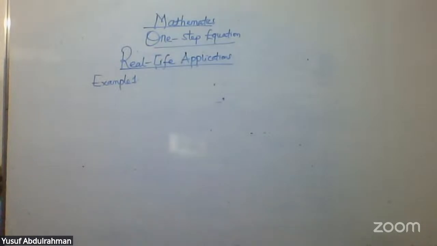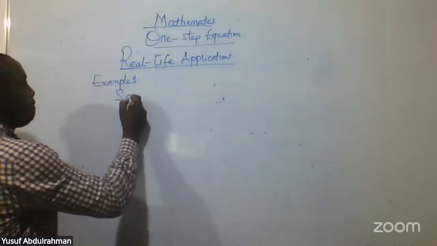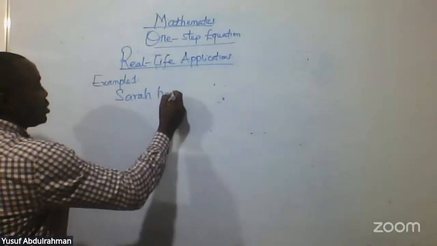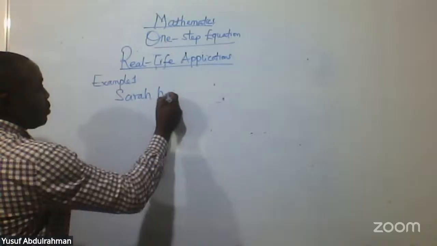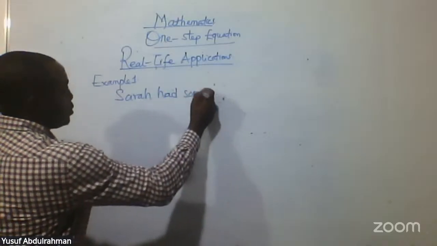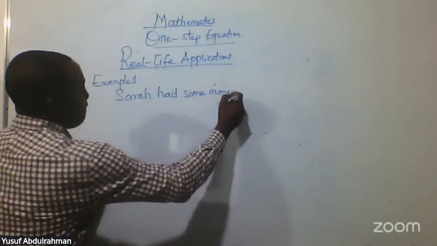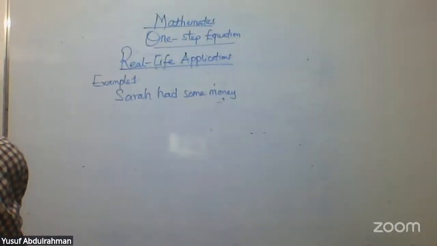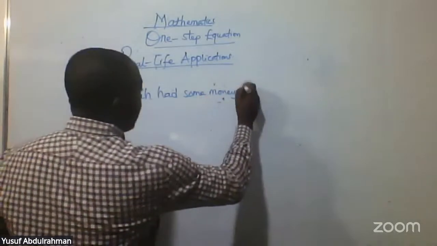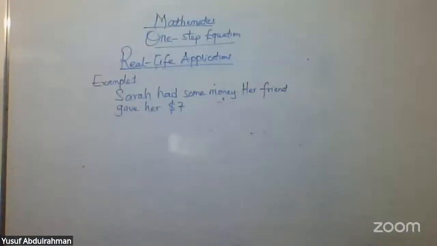Now, Sarah had some money. Now our friend gave her $7, and now she has $15.